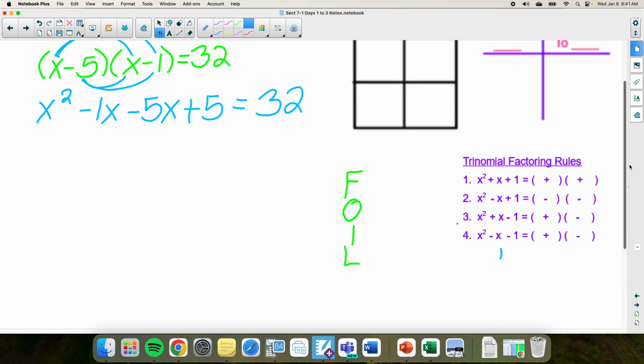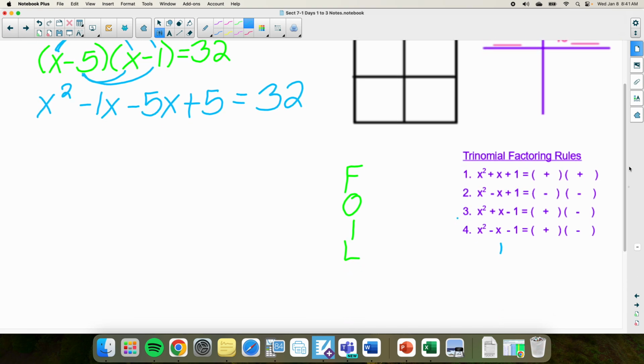Okay. Now, usually I bring that 32 over, so I'm gonna do that now too. When I bring that 32 over, it's negative, and then we can set that equal to 0. So now I have x squared.